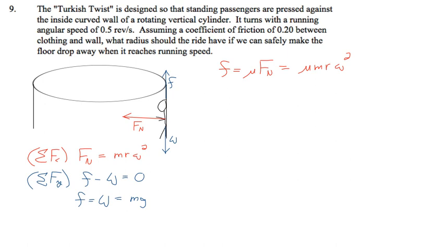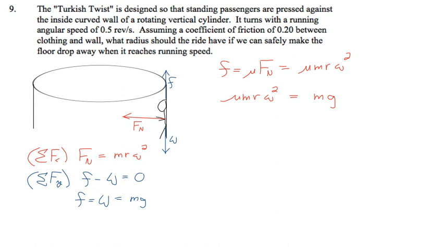So I know friction equals that, and I know friction equals that. So this equals that. Those two I can set equal to each other. So I can write that mu mr omega squared, which is friction, equals mg, which is also friction.